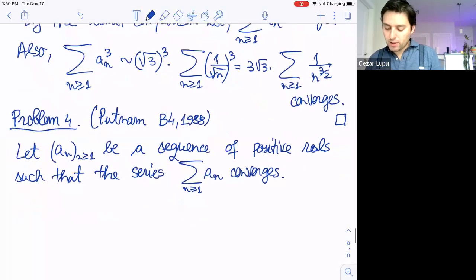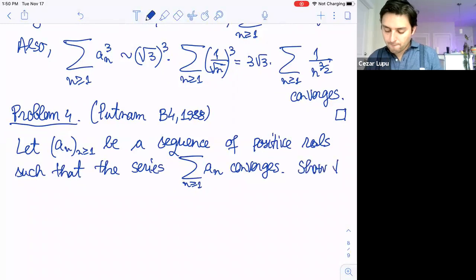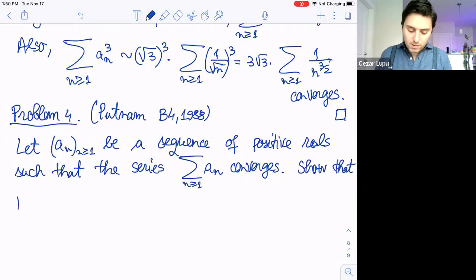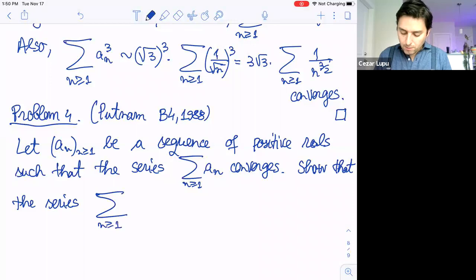Show that the series, the sum of a_n to the power (n+1)/n, converges also.